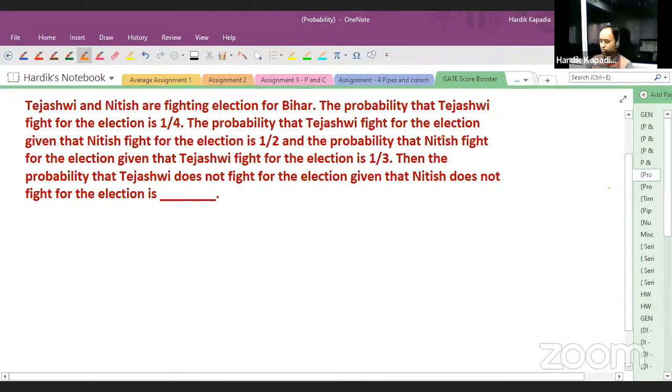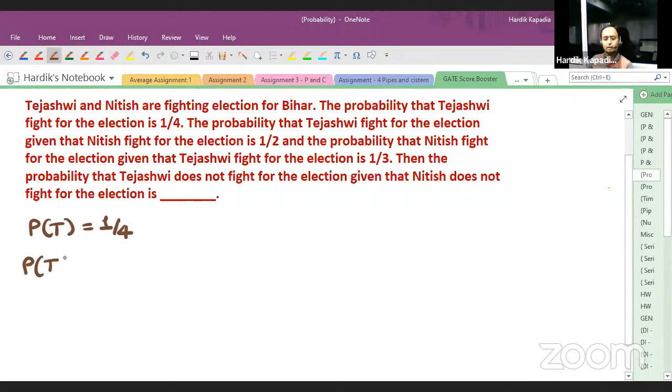Tejasvi and Nitish are fighting for election. The probability of T is 1/4. The probability of T given N is 1/2.